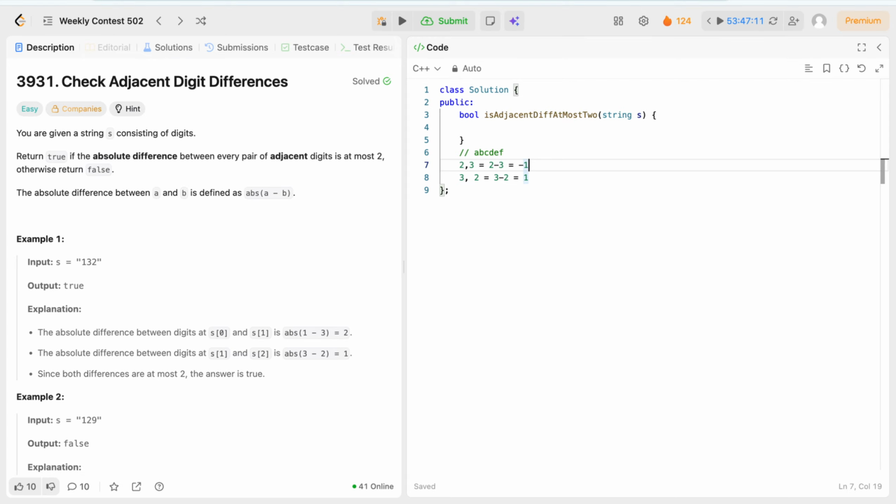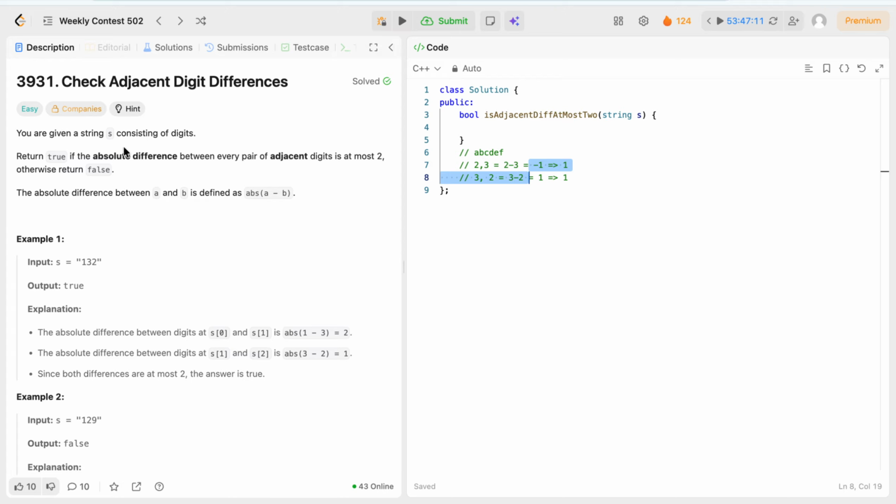But the absolute difference is the same. Absolute means we will just convert into positive. We will just take the positive part. So for minus 1 we will take 1, and for 1 also we will take 1. So 2 comma 3 and 3 comma 2 are basically the same, and the absolute difference between them is the same whether you write 2 comma 3 or 3 comma 2.